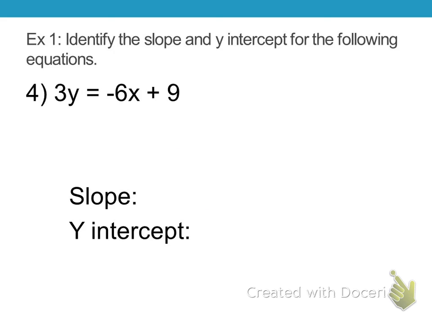All right. What do I do? Divide by 3. Very good. Divide everything by 3. So what's my slope?